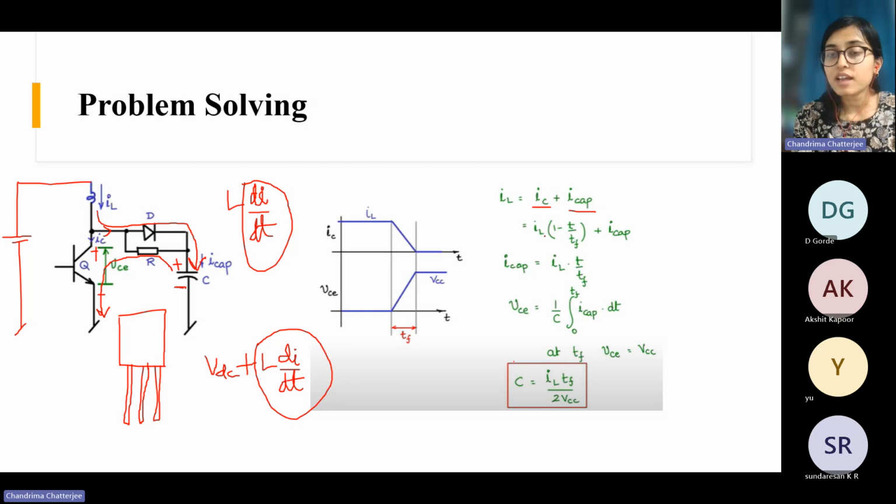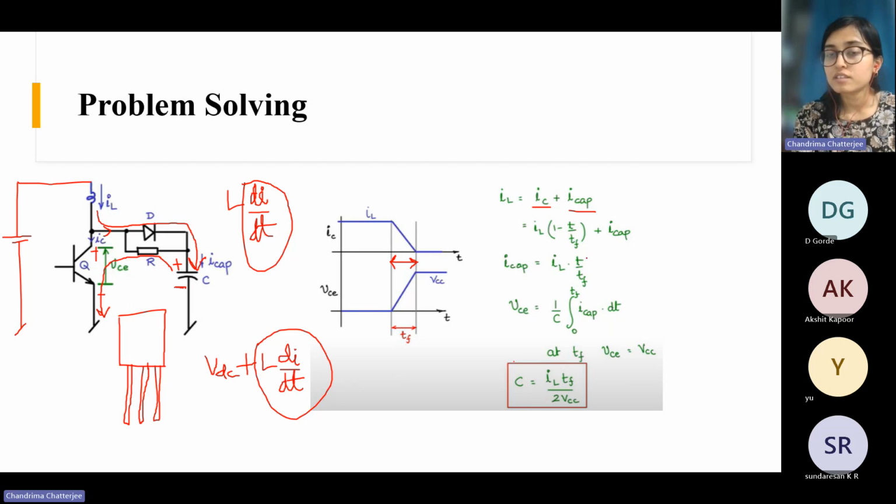IC is IL times (1 minus t/TF), where TF is the fall time. So during this interval, the current equation is IL times (1 minus t/TF) plus I cap.